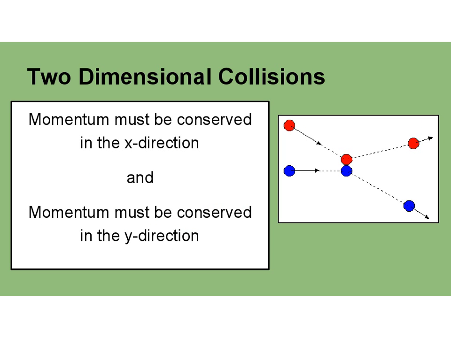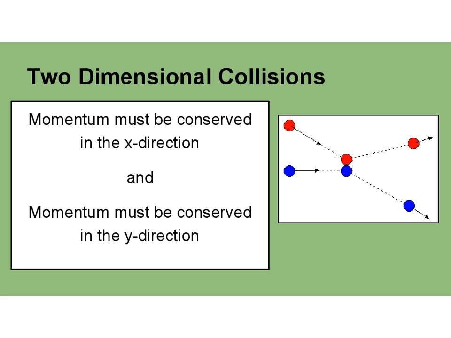All right. All of the collisions that we have done have been in one dimension. They're in straight lines, but you could also have two-dimensional collisions or even three-dimensional collisions, right? We can do those. They're not too bad. The only thing that you have to remember here is that momentum must be conserved in the x direction and in the y direction.